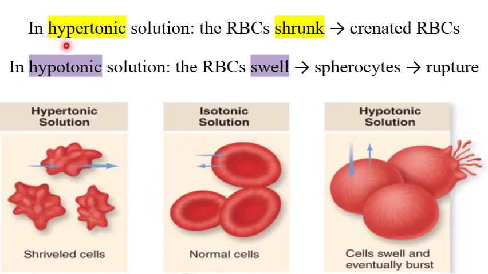But in case of hypertonic solution, the fluid inside the RBCs comes out and the RBCs shrink to become crenated RBCs like that. But in case of hypotonic solution, fluids from outside enter the RBCs and make them swell to be spherocytes and rupture at the end, like that.